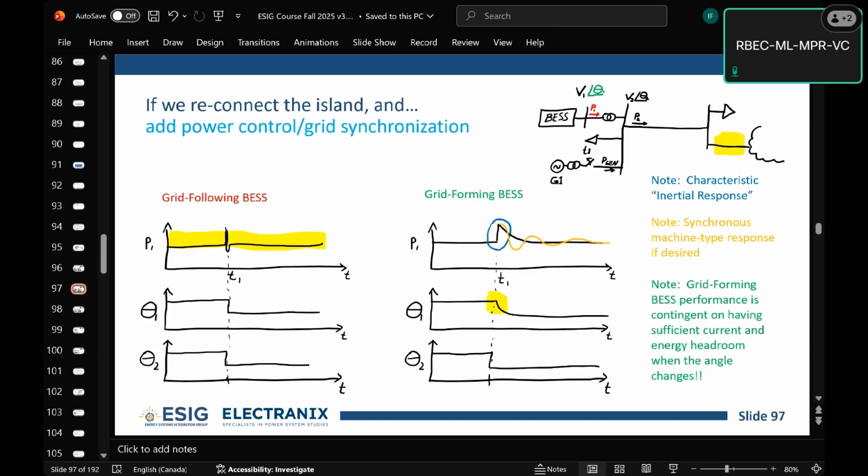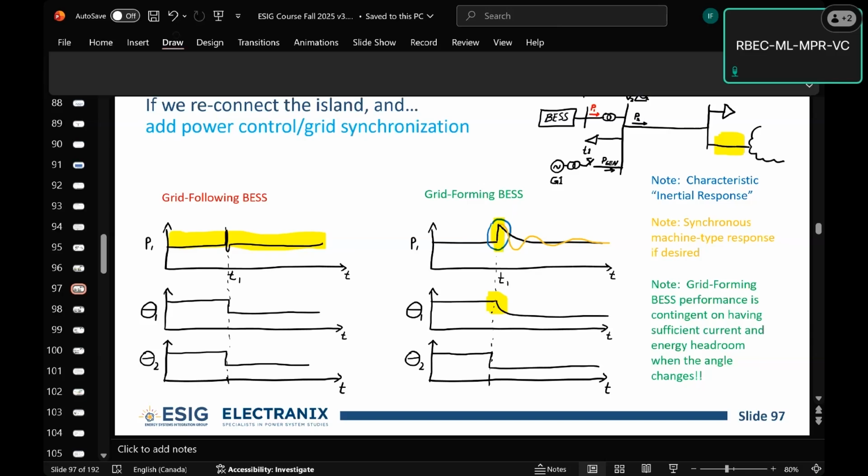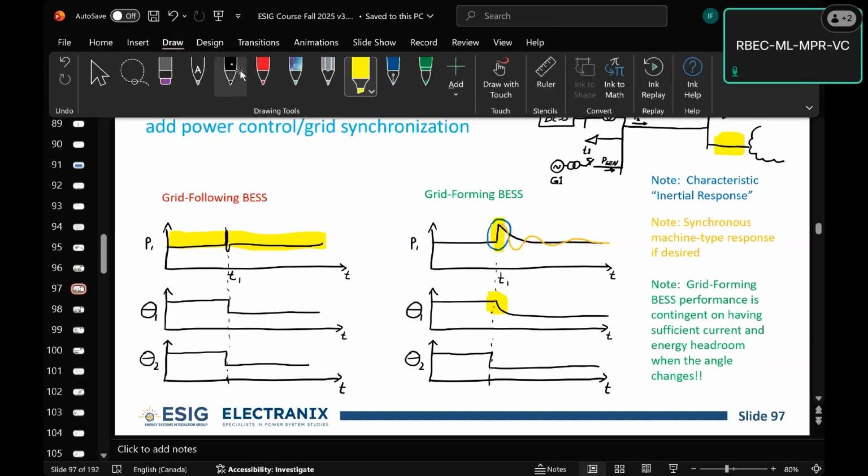In that period, before it has changed, we're still going to get that change in active power because we've still stepped the angle between the two. So we have to get that change in power. So we're going to see that power step, and then we're going to use our synchronization controls, whatever those are, to reduce the angle and bring it back in line so that we get the power order that we wanted, right?